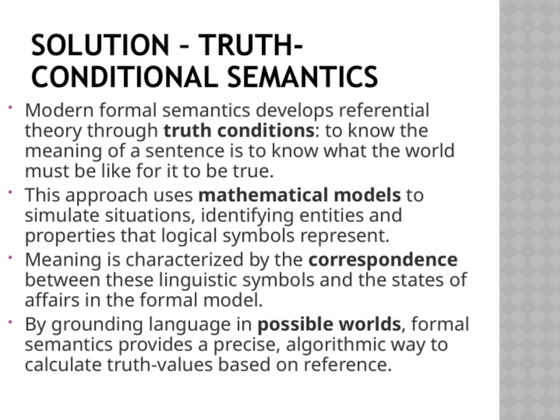It's like an algorithm that calculates truth values based on how words refer to entities and properties in different situations. This is the core idea behind truth-conditional semantics, the idea that understanding meaning is about understanding the conditions that make a sentence true. It's a powerful approach that connects language directly to the structure of the world through formal, logical tools.